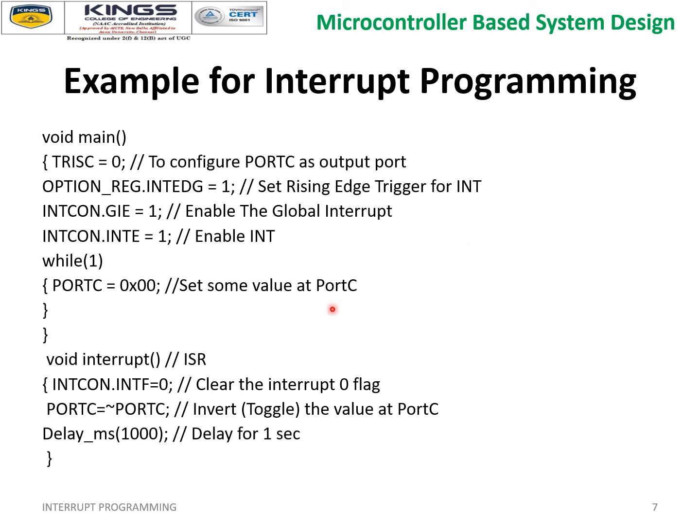So this is the program, like void main. TRISC equal to 0. TRISC is actually for port C. Whenever we are making it 0, we are configuring it as an output port. Next, the OPTION register.